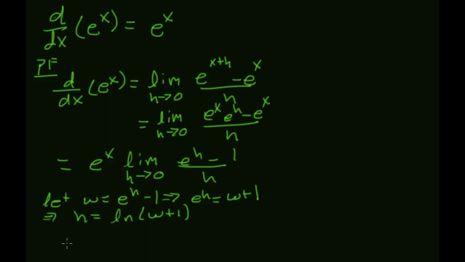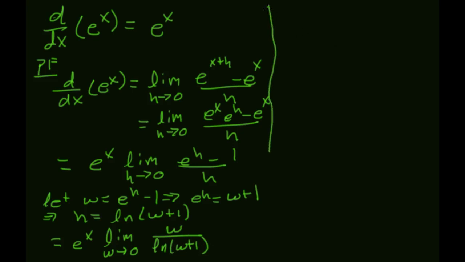So my limit here is now e to the x times the limit as w approaches 0 of w over the natural log of w plus 1. Let's make a line here so that we're not bunching this all up. That's an interesting place to be.